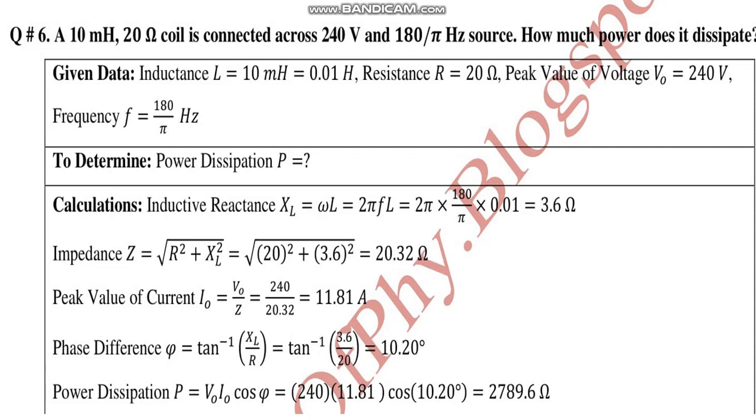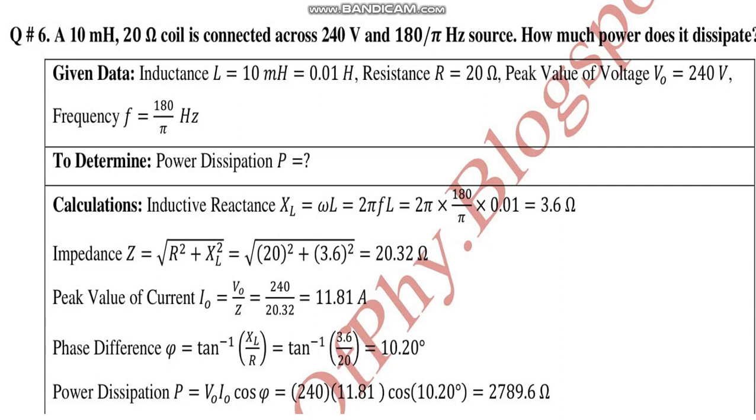So first we require I naught, then we require the phase difference, that is phi. So for this purpose we find the inductive reactance, impedance, and the peak value of the current. Then we find the phase, and then last we find the power dissipation.